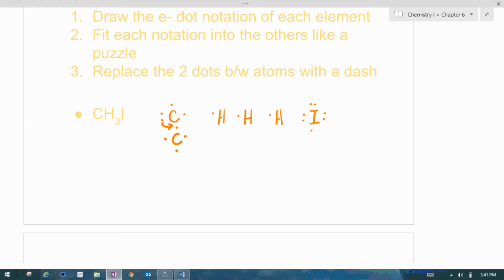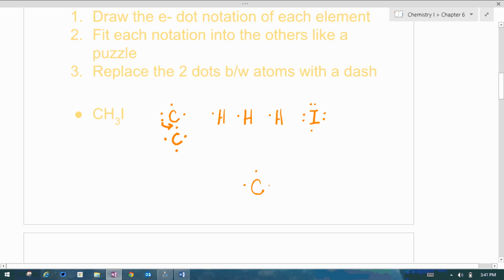So your central atom is going to be that atom, that element that can fit the most puzzle pieces, the most other atoms into itself. So in this case, carbon with 4 empty spaces, that is going to be our central atom.